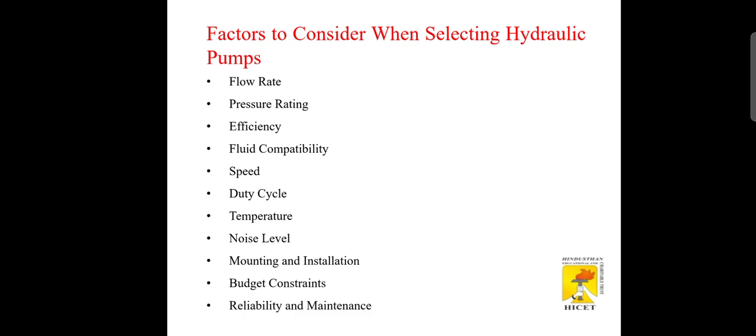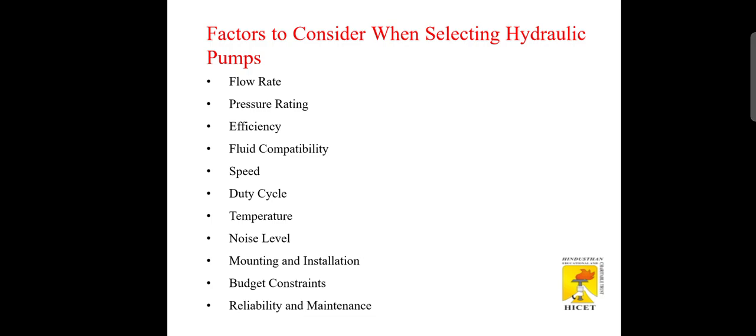Hydraulic operations are comparatively slower. The hydraulic fluid system is slower in operation when compared to the pneumatic system, but the control is more precise when compared to the pneumatic system. So these are factors to be considered.